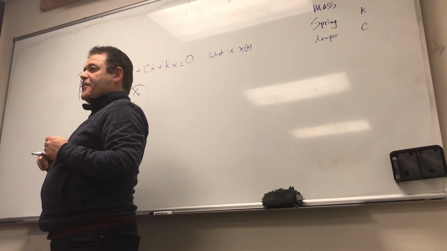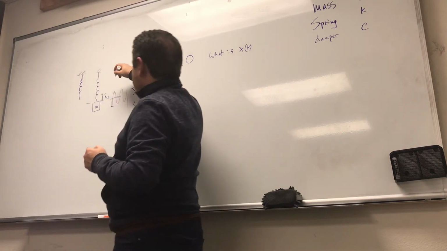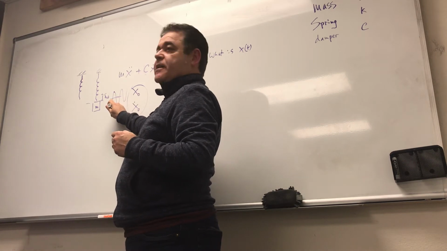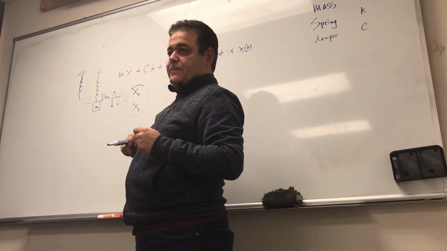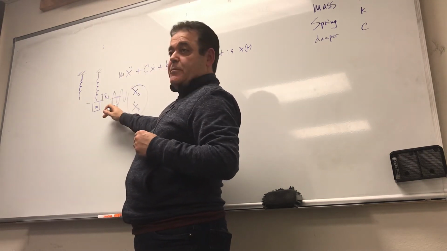Right at the equilibrium point, right? When it gets to here, the kinetic energy is 0. When it gets to there, the kinetic energy is 0. What's the potential energy of the spring there? Maximum, right? And here it's going to be the maximum.